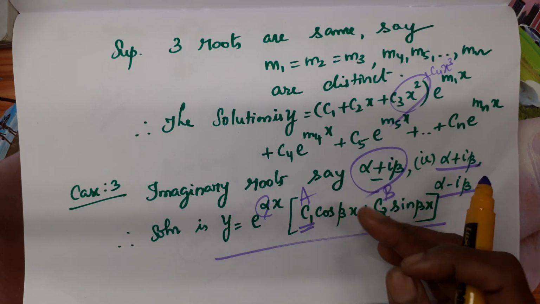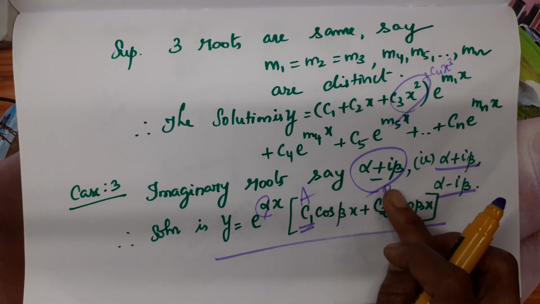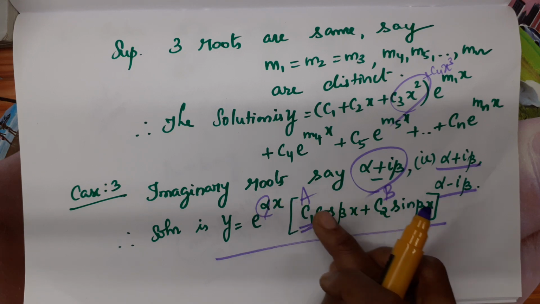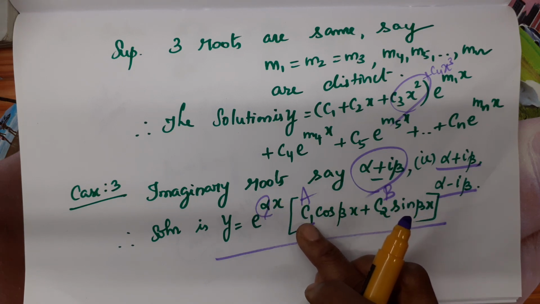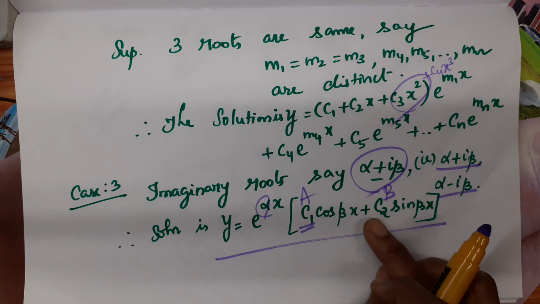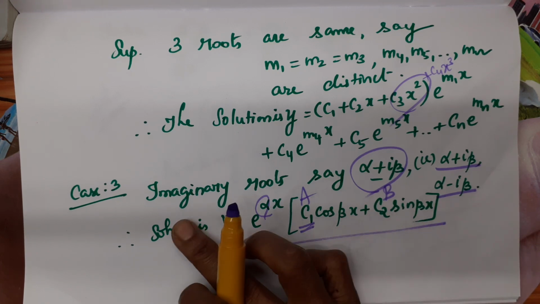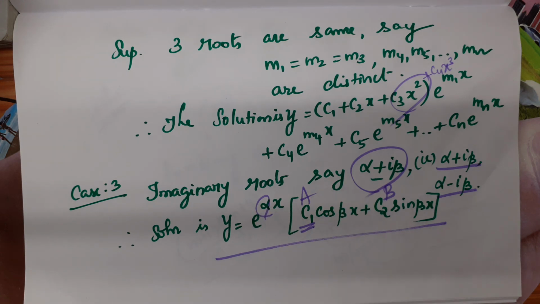For c1 and c2 we can replace the constants by a and b, but this is the general format: e to the power real part into x, into a constant times cos beta x plus the next constant times sin beta x. This is the case when the roots are imaginary.